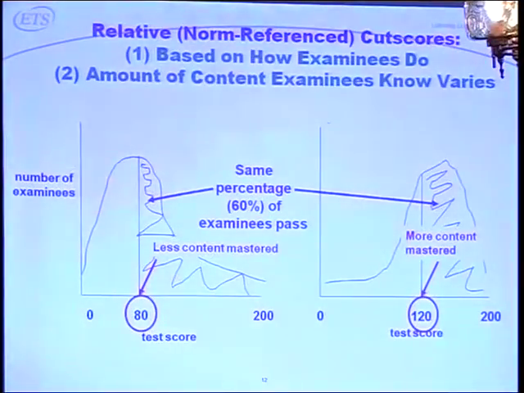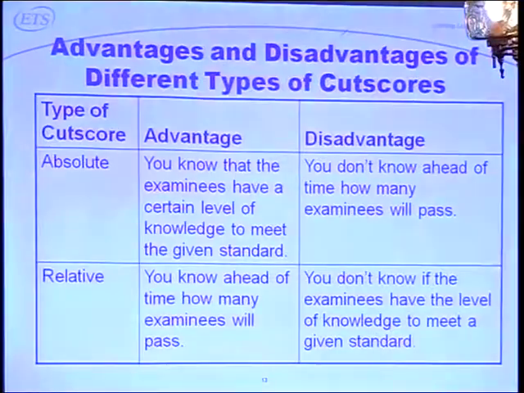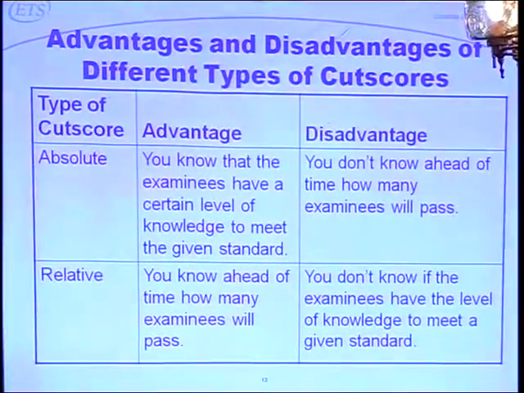Now, a relative or norm-referenced cut score is based on how they do on the test, but you can't say with certainty how much they know because you are just comparing people and how they do. So here, we might decide we want 60% of the people to pass because that's how many slots we have in our program, in our university.